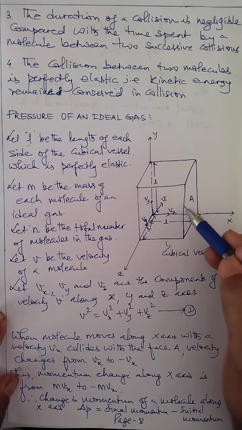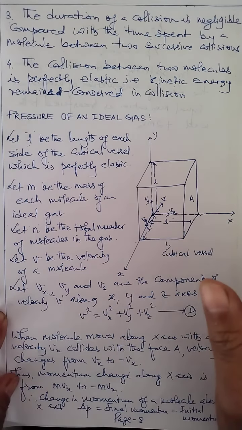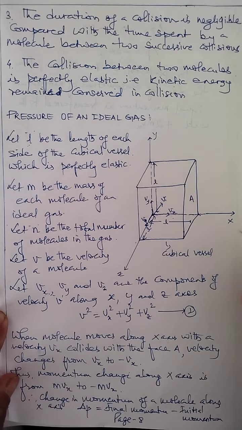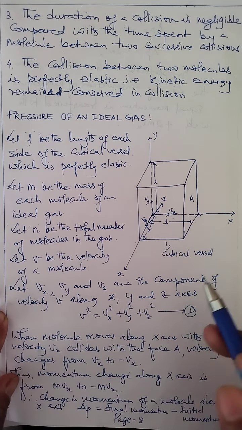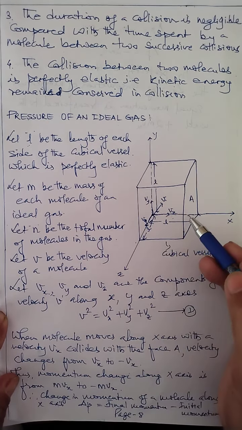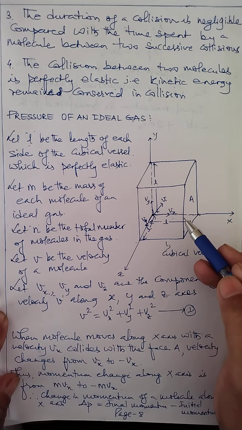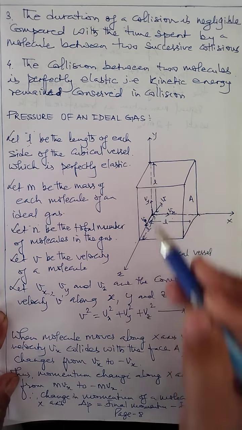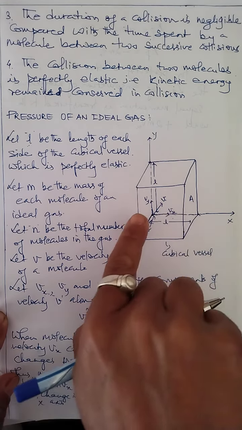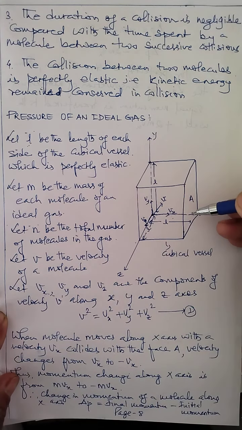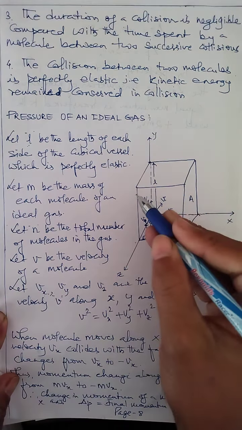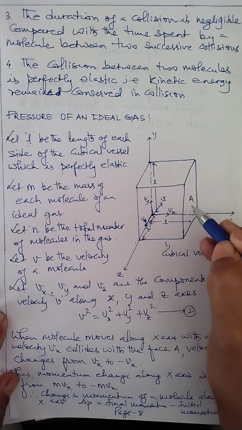Now after collision with this face, the molecule will not stop moving. The molecule continues in a state of motion. So what happened? The molecule returns, collides with the wall opposite to this one. That means one molecule is moving along the x-axis, collides with this wall, returns back, and again collides with the other wall which is opposite to this.